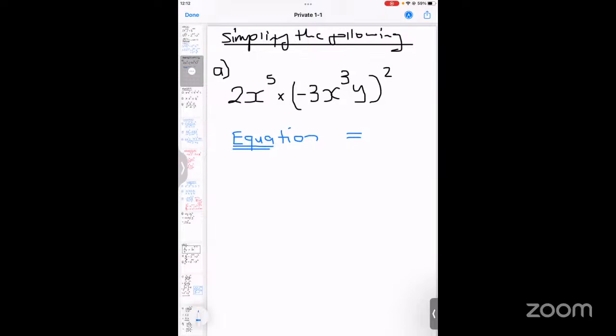And this one, expression, means that you do not have an equal sign. So an equation is a maths problem that has an equal sign, and an expression is one that does not have an equal sign. So let's try it again, Langelihle. What type of maths problem is this, and what will you say is the reason?